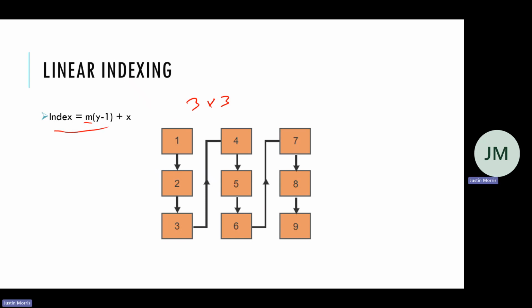You're basically multiplying by the number of rows to tell you which column you're looking at, and then x is where you're going, how far you're going down, which is which row you're looking at.